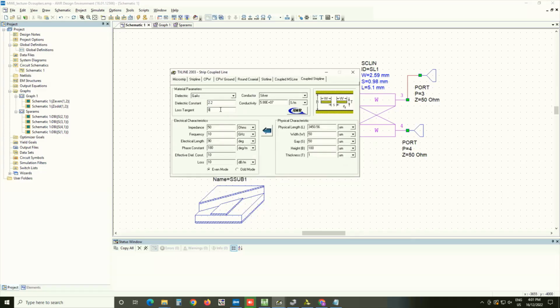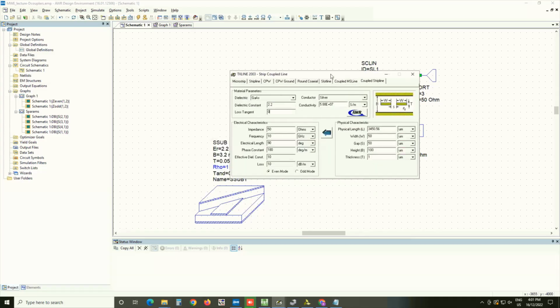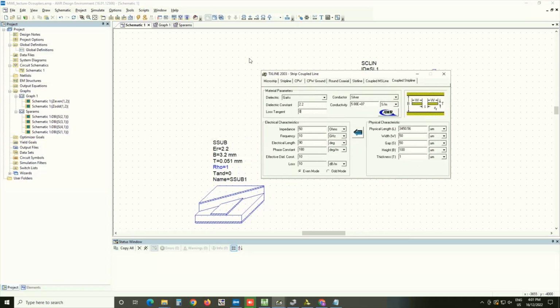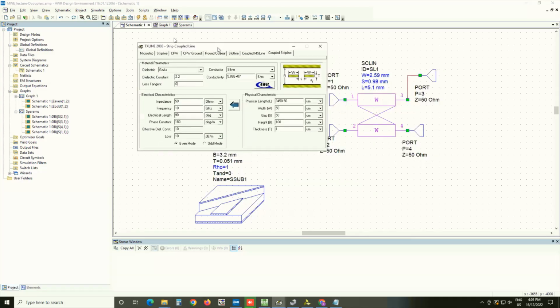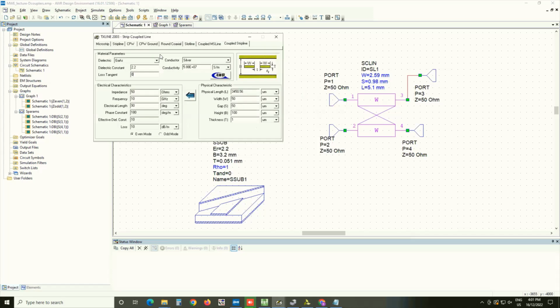They've actually given a loss tangent for the dielectric material as well. So yes, don't know if that's possible to define here. I guess you can, yeah. Let me keep that for now.